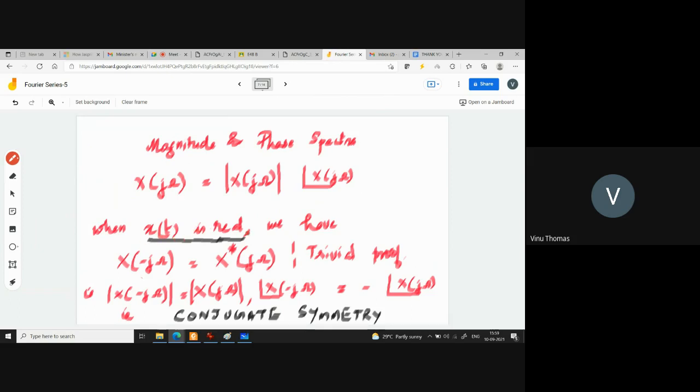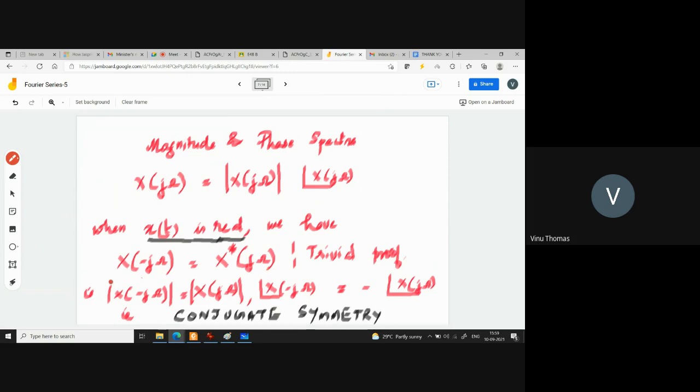When x of t is real, you only need to write the analysis equation for X of j omega and then replace omega by minus omega to get X of minus j omega. So when x of t is real, you can write X of minus j omega is equal to X conjugate of j omega.